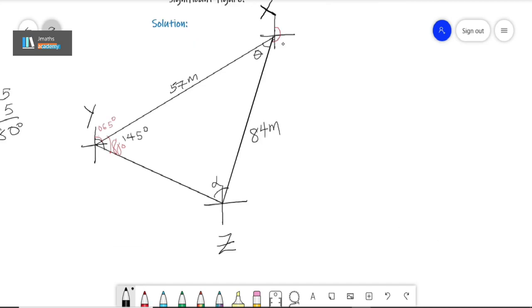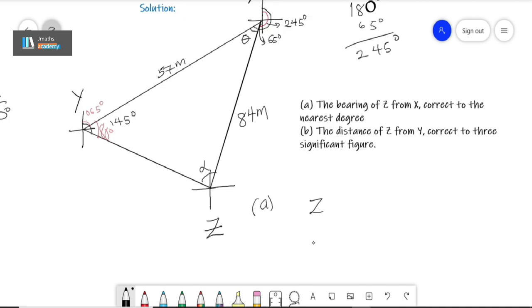So we have this small angle here to be 65 degrees, since 65 degrees here is alternate to this angle. So if we add 180 degrees plus 65 degrees, we get 245 degrees. So altogether we have this angle to be 245 degrees.